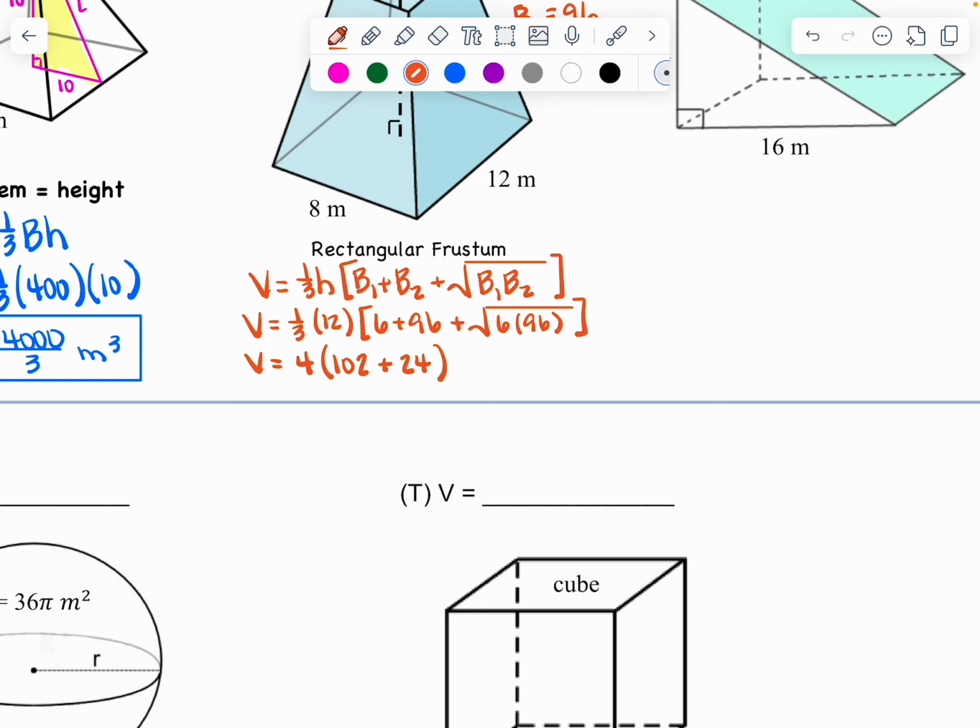So that whole square root right here is 576, and that is an exact 24. So yay. So I'm basically doing 4 times 126, and that gives me 504 cubic meters for the volume of the frustum.